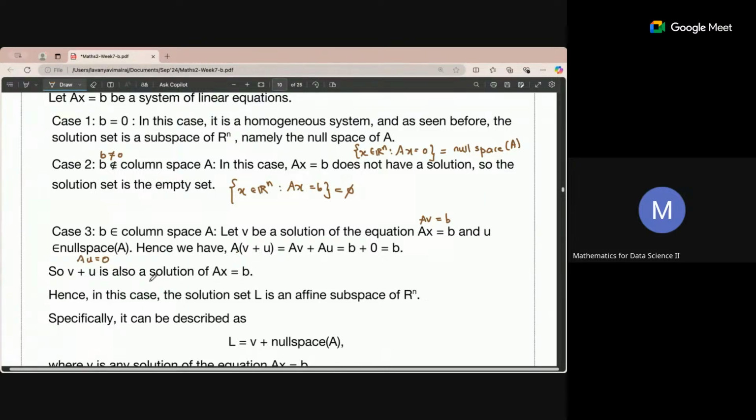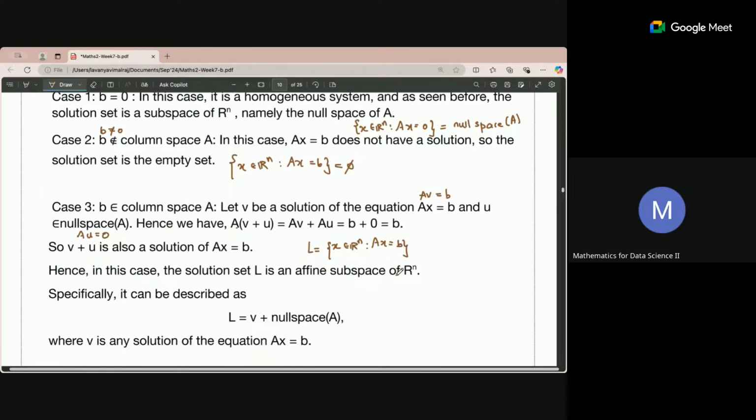So now in this case, the solution set L is an affine space of Rn. Your L is the set of all x in Rn such that Ax = B. Now, only in this scenario, when B is in the column space of A, L is an affine subspace.